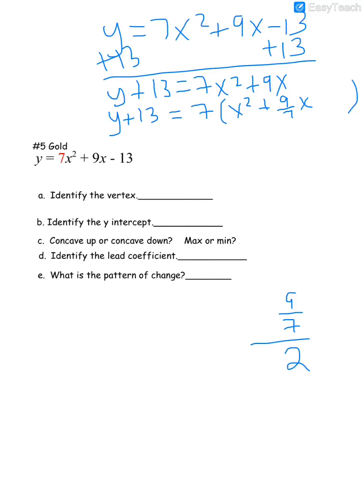So 9/7 divided by 2 is the same as 9/7 times 1/2, which is 9/14. Am I doing that right? Let's use my calculator because I don't want to make this wrong. On my calculator, I'm going to plug in parentheses 9 divided by 7, close parentheses. I'm going to divide that by 2. And it gives me this crazy decimal, which I'm then going to square.